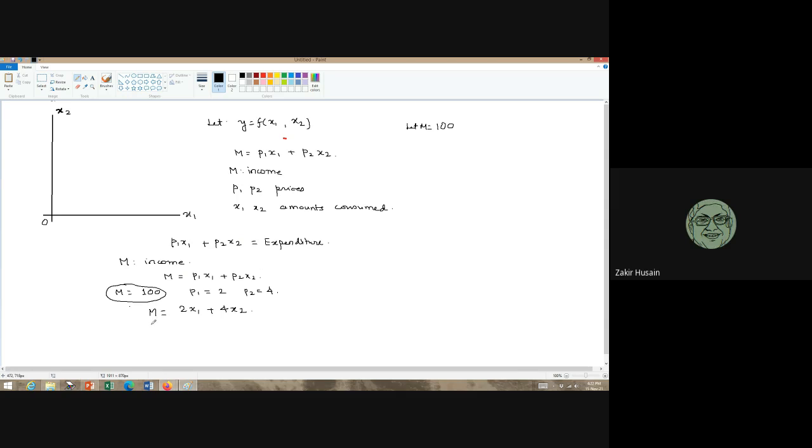Yes, this is what we call the budget line of the consumer. So what are the values of x1 and x2 which will satisfy this equation? Sir, then the whole thing that M equals 2x1 plus 4x2 is known as the budget line. Yes.